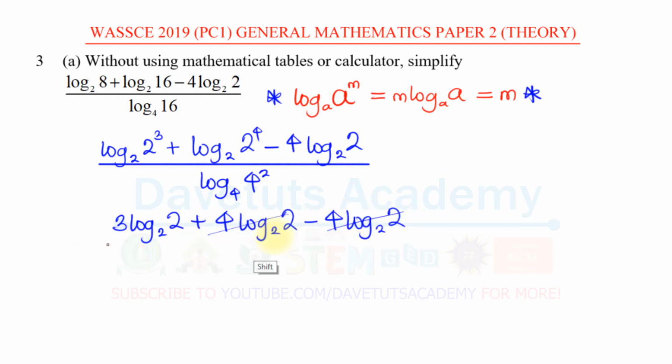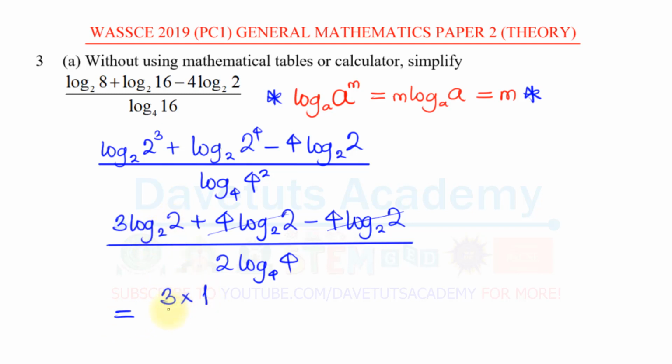Then I divide everything by, here the power can also come down, so I have 2 multiplied by log to base 4 of 4. Like I explained before, this is nothing but 3 multiplied by 1, because log to base 2 of 2 is 1, over 2 multiplied by 1, because log to base 4 of 4 is 1.